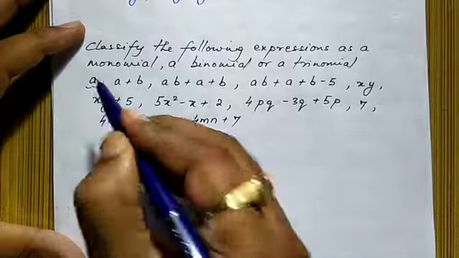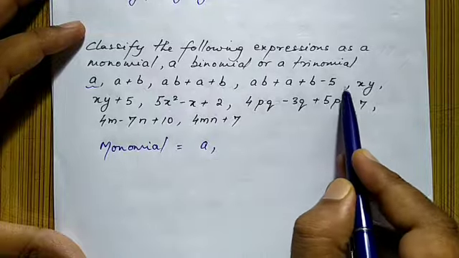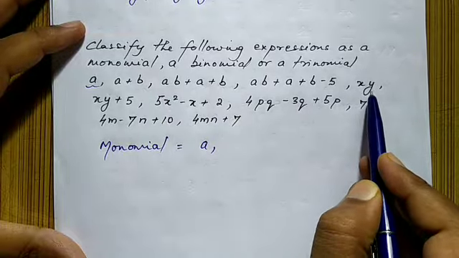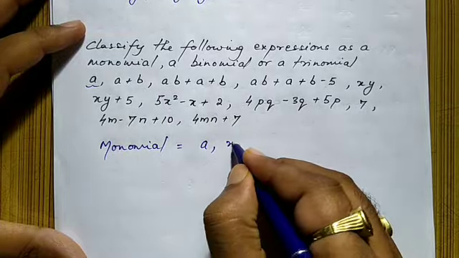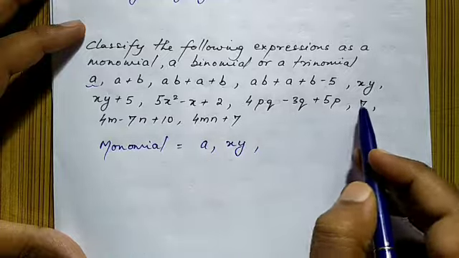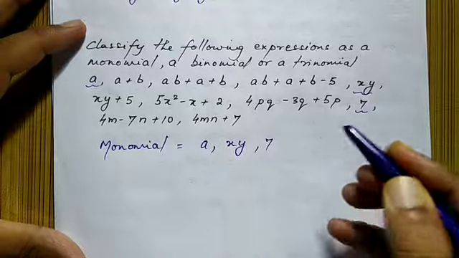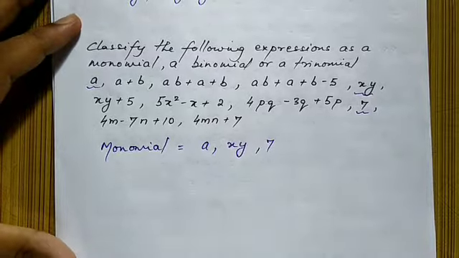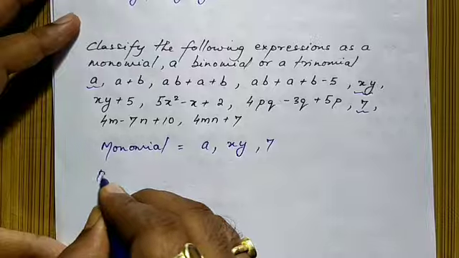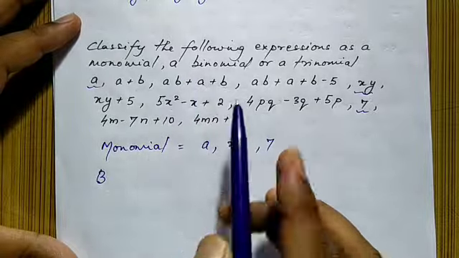So a, here xy, here 7. So these are monomials. Now see, no other monomials are there.